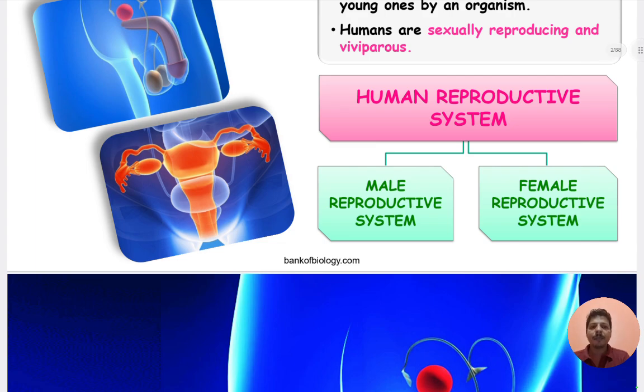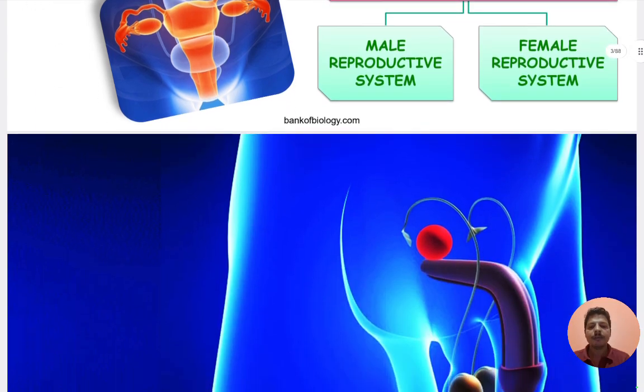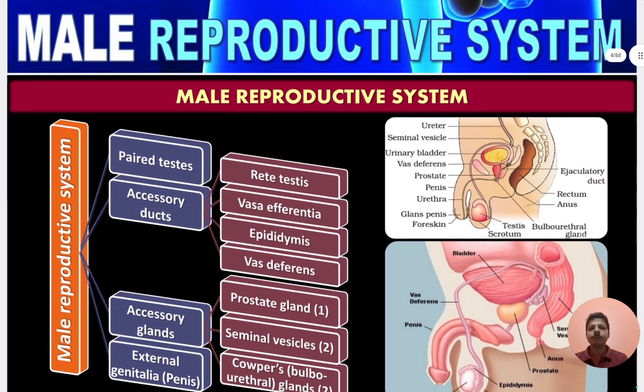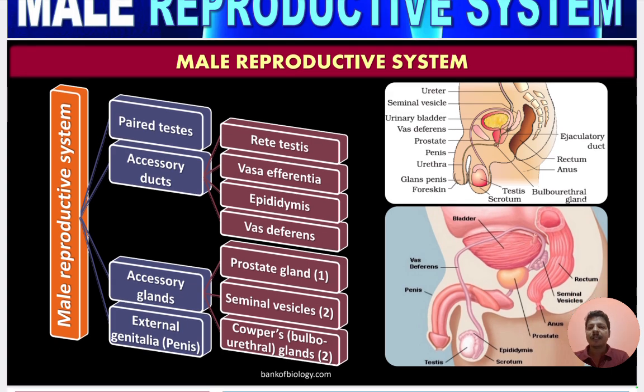Coming to the human reproductive system, there are two types of reproductive system, male and female. First of all, let's start with the male reproductive system. Here you can see we have paired testis, accessory ducts, accessory glands and external genitalia, that is the penis.